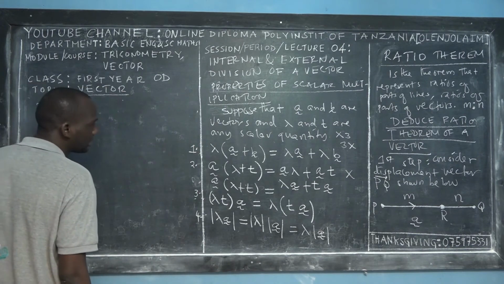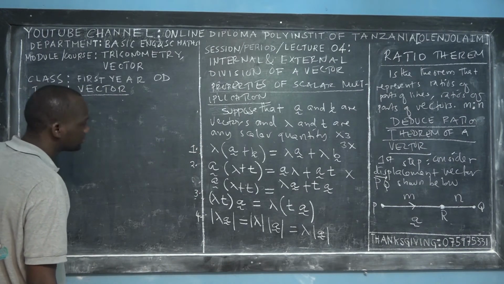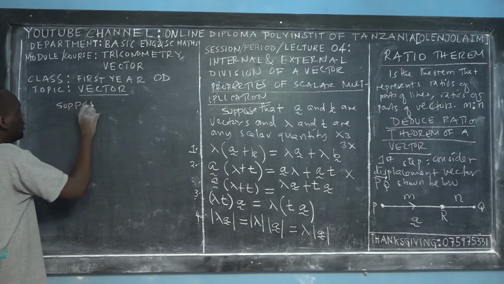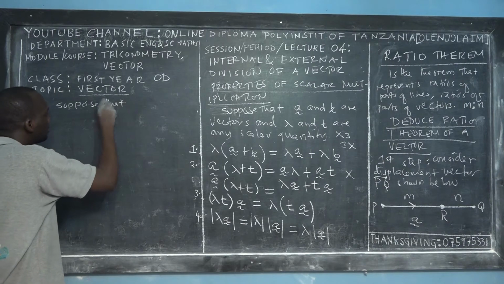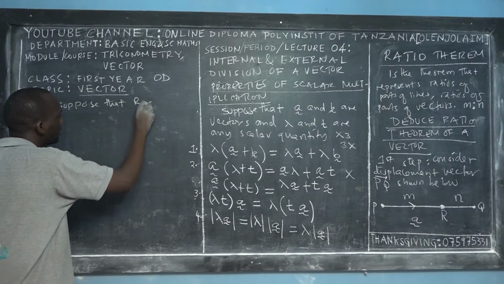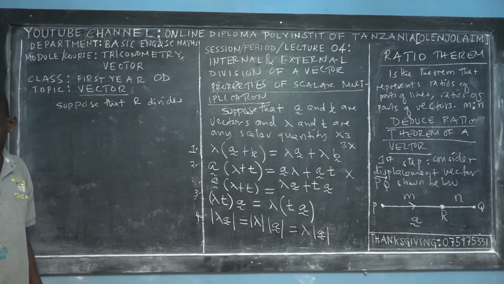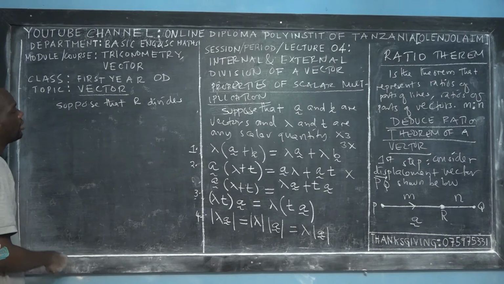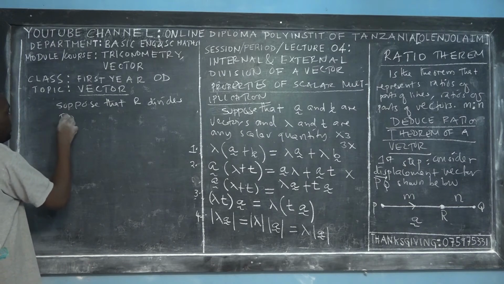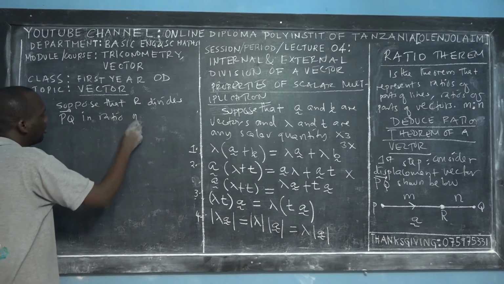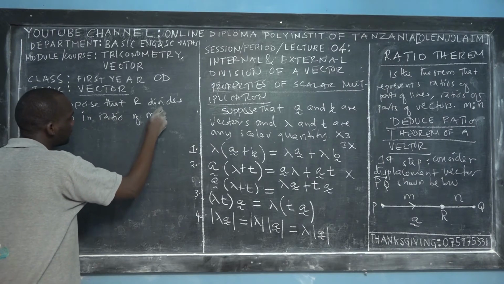Before even that, suppose that R divides vector PQ in the ratio of M and N.